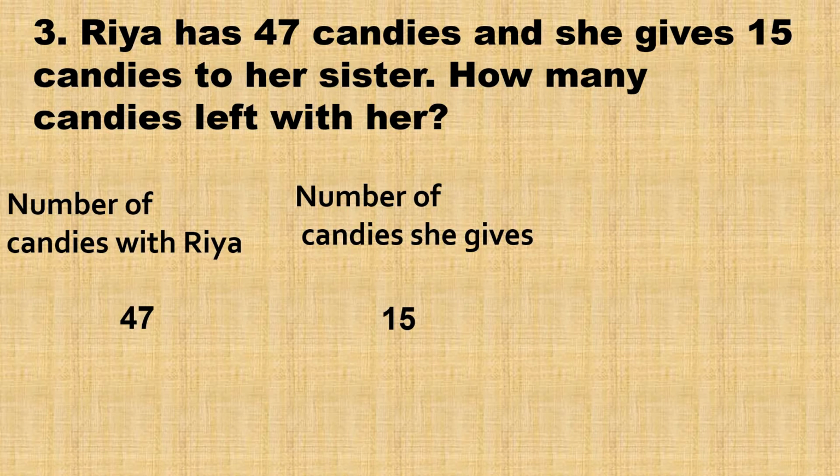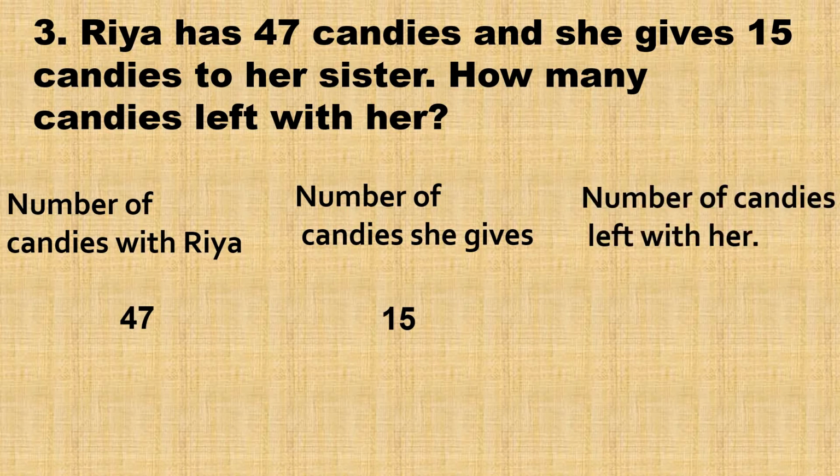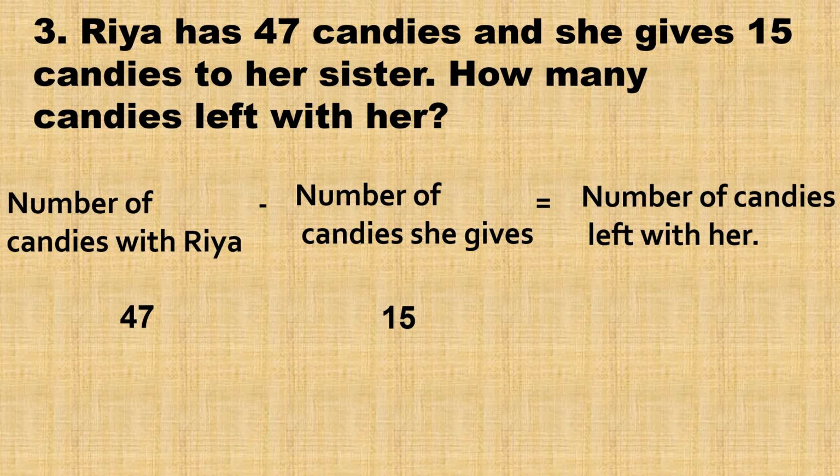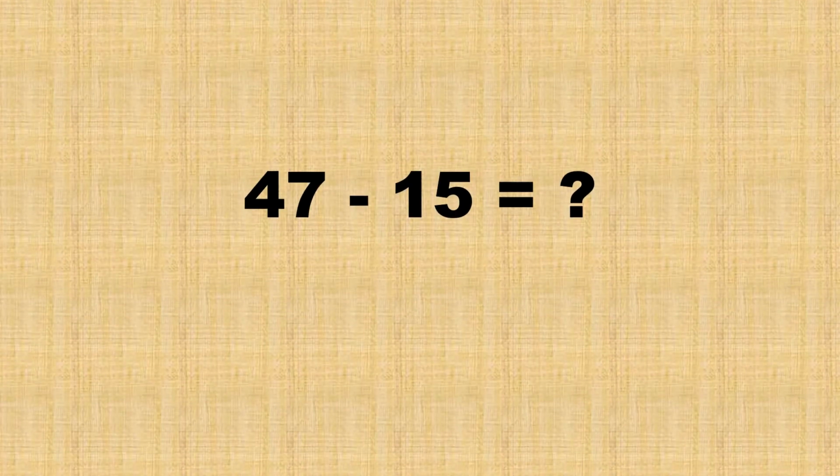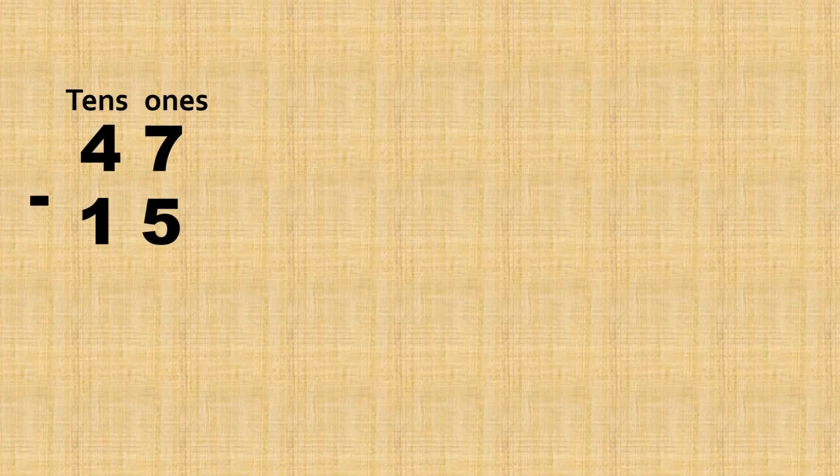Now, we have to find out number of candies left with her. Left means we have to do subtraction. So, now here we have to subtract 47 minus 15. Arrange the number according to their place value.